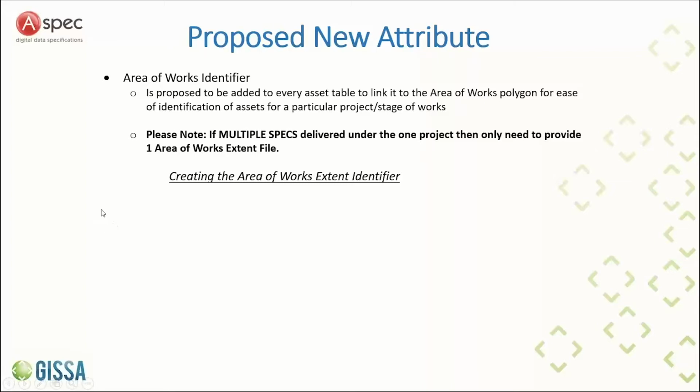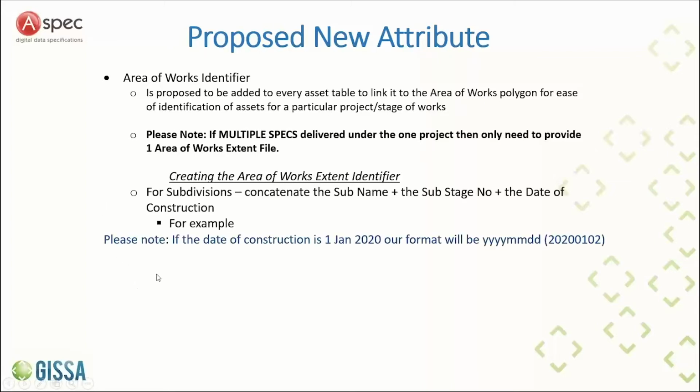So here's what we've proposed and created for other clients within their own information systems. For subdivisions, concatenate the subdivision name, the stage name, a stage number, and the date of construction. That will create the area of works identifier.